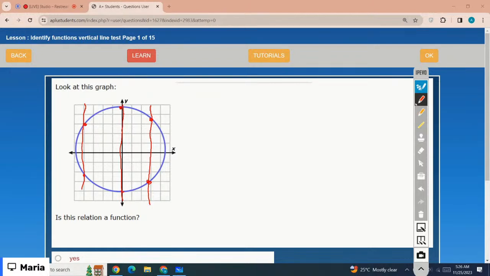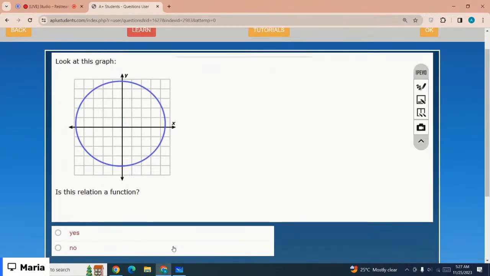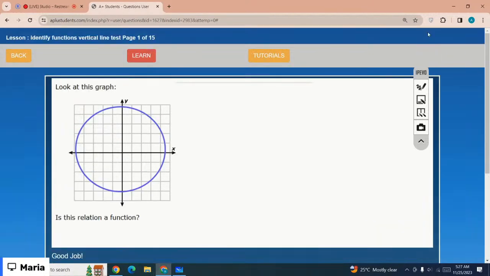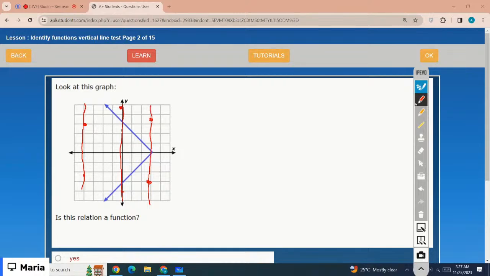That means for each value of x, there is more than one value of y. I think, but is a circle also a function? Let's see. No, because each vertical line intersects at more than one point, right? So this is not a function.